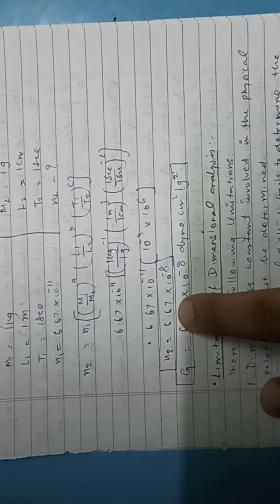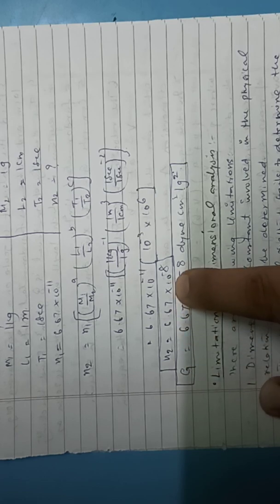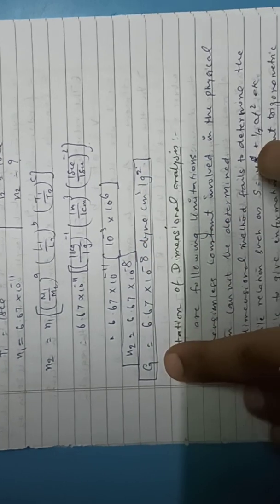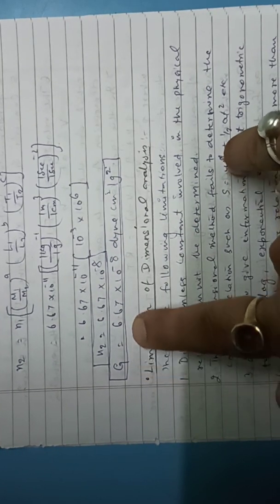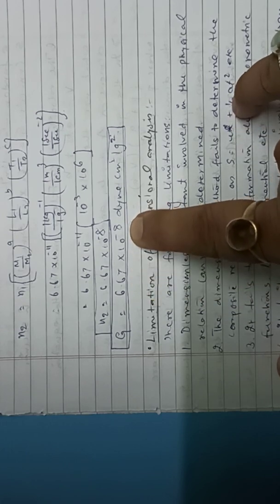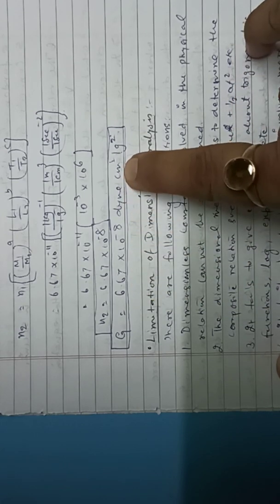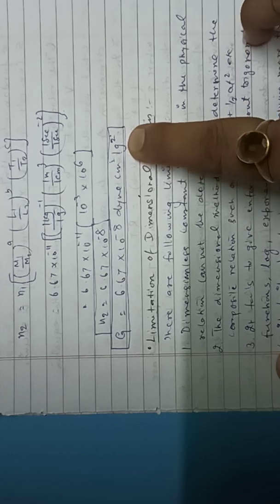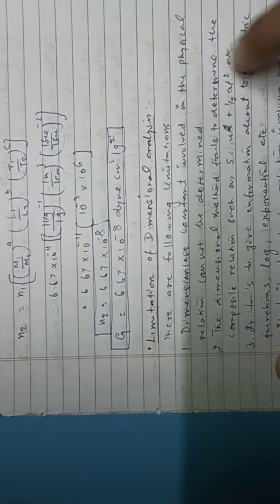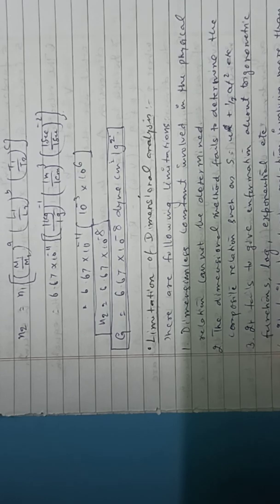So n2 is equal to 6.67 into 10 to the power minus 8. So the value of gravitational constant G is equal to 6.67 into 10 to the power minus 8 dyne centimeter square per gram square. In this way, we can convert one system of unit into another system.